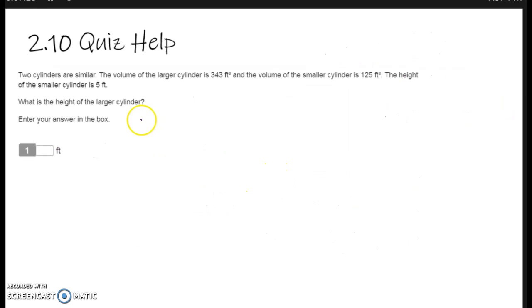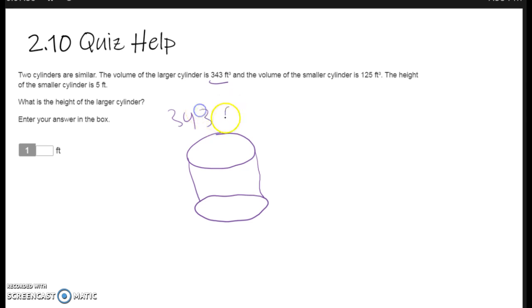Here's two similar cylinders. The volume of the larger cylinder is 343 feet cubed. The volume of the smaller cylinder is 125 feet cubed. So here's your larger one. Here's your smaller one.